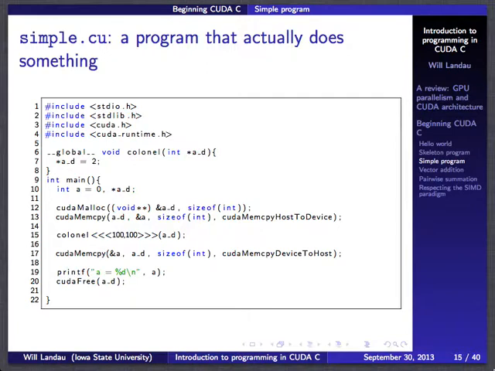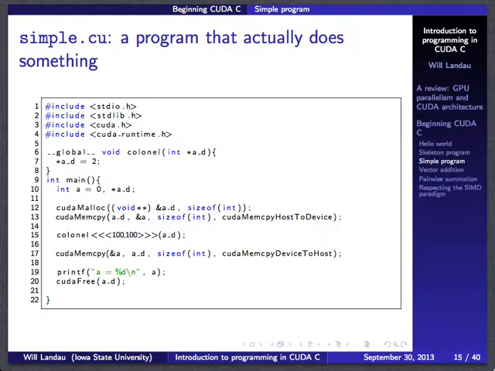And it writes the result back and then prints it out. Very simple. All I'm doing is flipping a switch right here. So I have this __global__ kernel that takes in a pointer to an int, and that pointer, remember, points to something on the GPU. And all it does is it sets the value pointed to equal to 2. That's all it does.